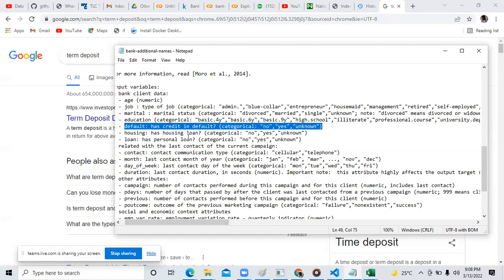This default variable. Does the client have credit in default? What does it mean? Go to Google and find out.